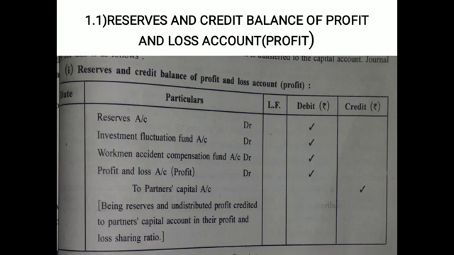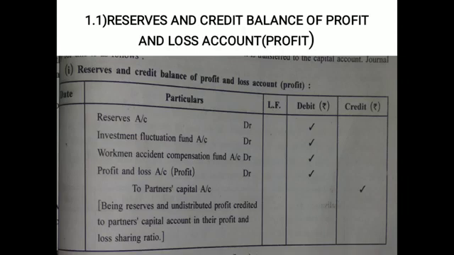If you remember, whenever you want to close any particular account, you need to give the reverse effect. Say for example, if you want to close a purchase account, where is it closed? In trading account. We have understood this in journal proper.